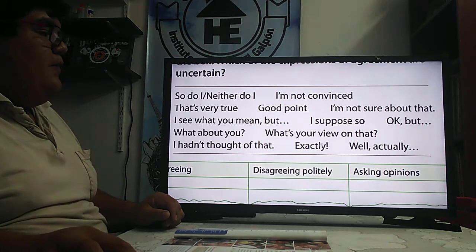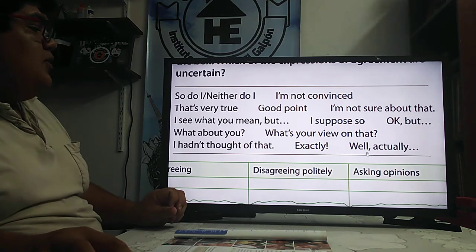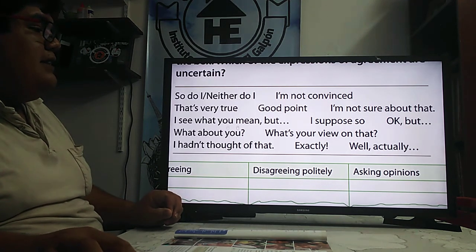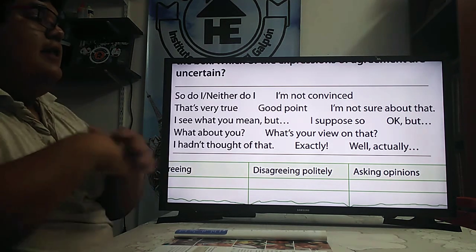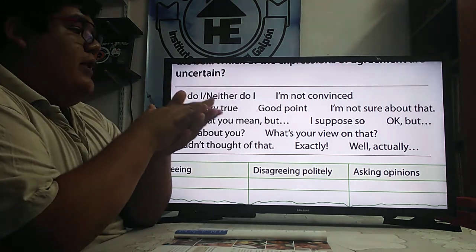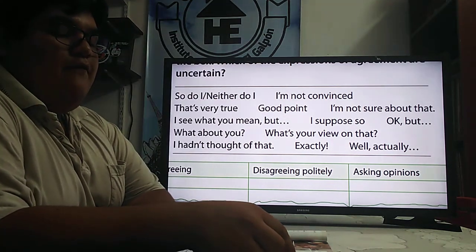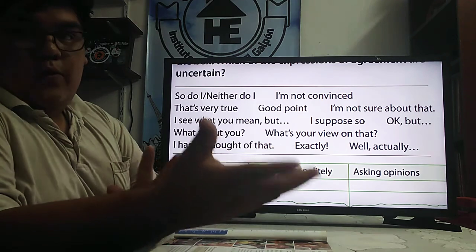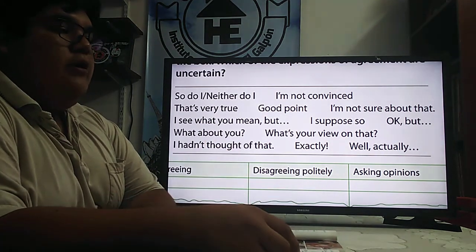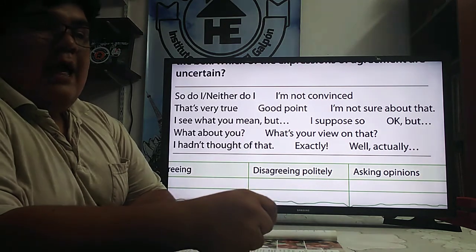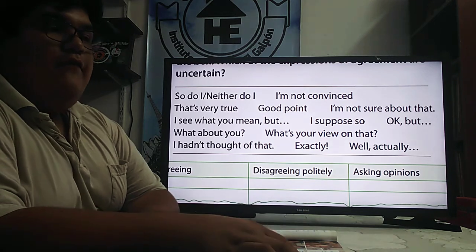Well, actually, very common, and very similar to I see what you mean, but. But careful with actually, because it is a false friend, not actual, pero en realidad. Let me explain what false friends are. Maybe you know, but false friends are words that are very similar to Spanish words, but they don't mean the same. They are totally different.